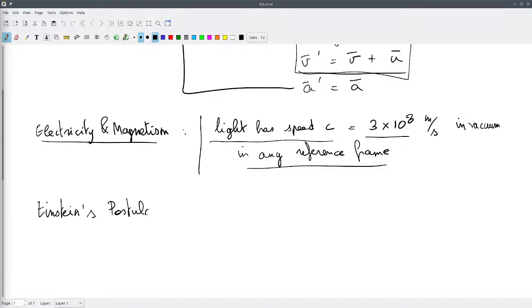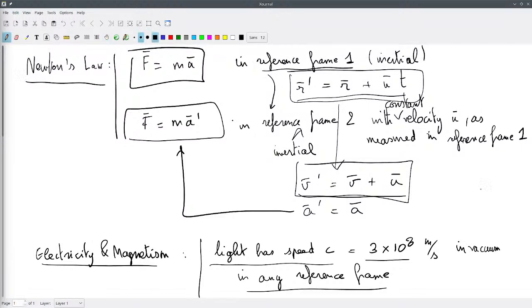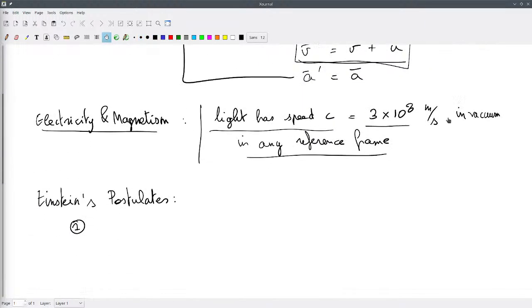The first one being that, as we said, all laws of physics must be the same in all reference frames. So instead of an outcome of the specific conversion to go from one reference frame to another, he made it the requirement.